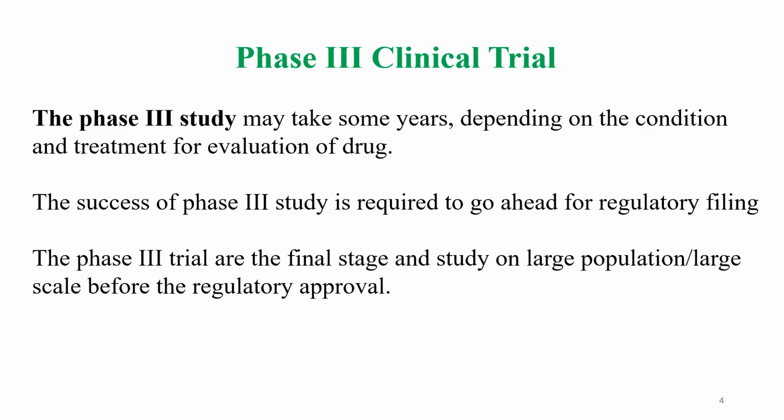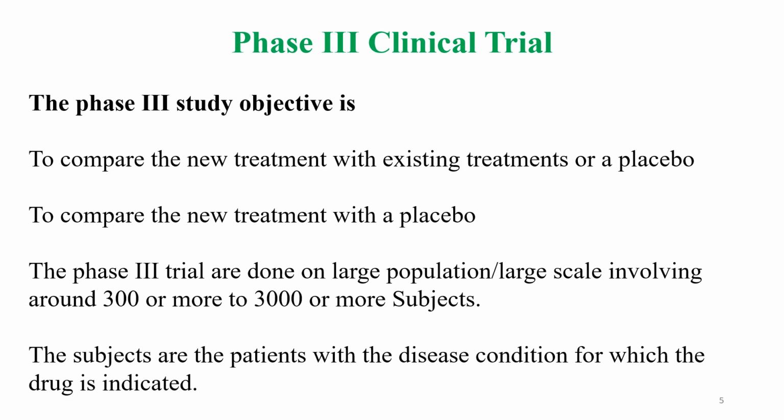For starting the phase 3 clinical trials, the phase 1 and phase 2 data should be up to the required mark, or it should be passing, and then we can move to the phase 3 clinical trials. The success of the phase 3 study is required to go ahead for the regulatory filing.